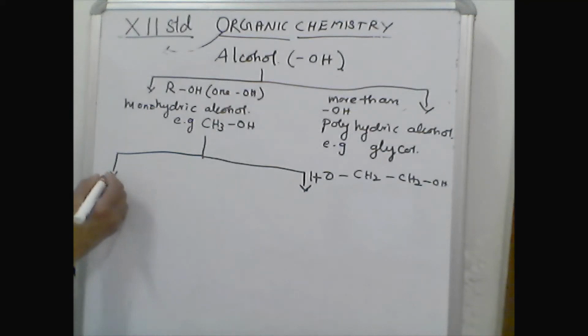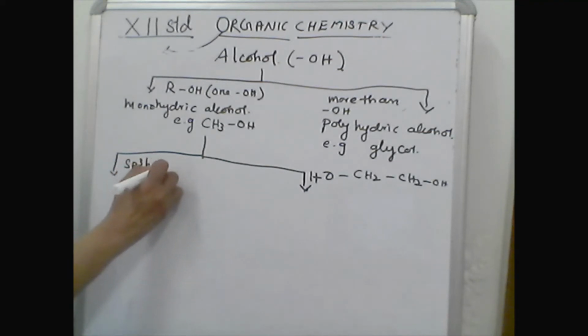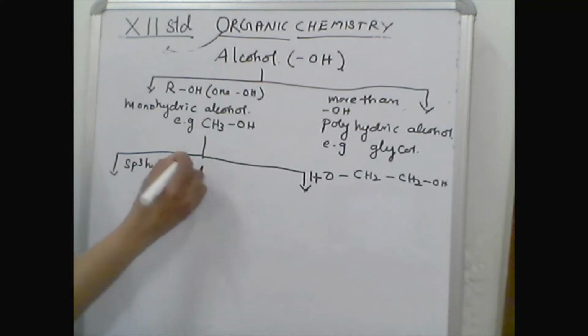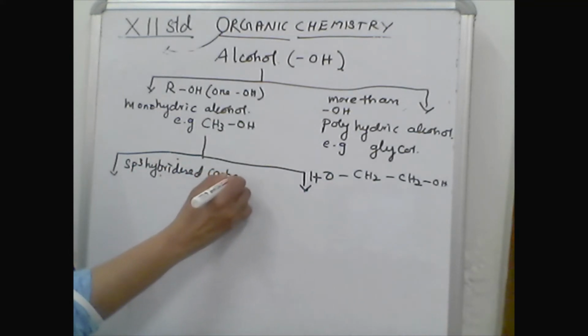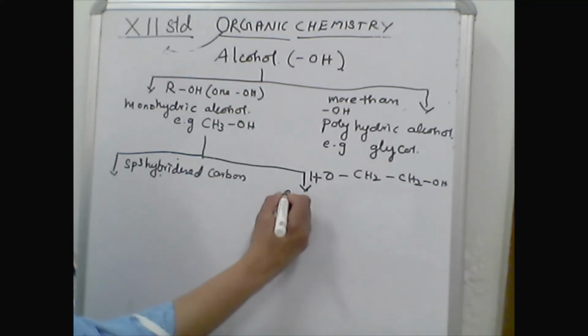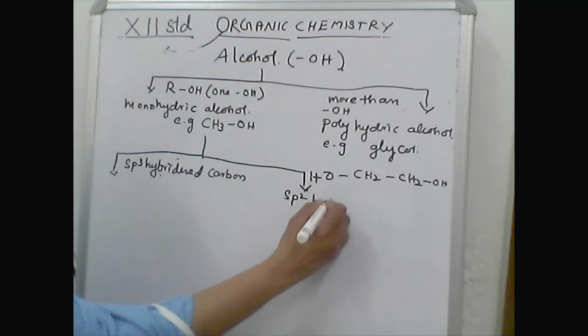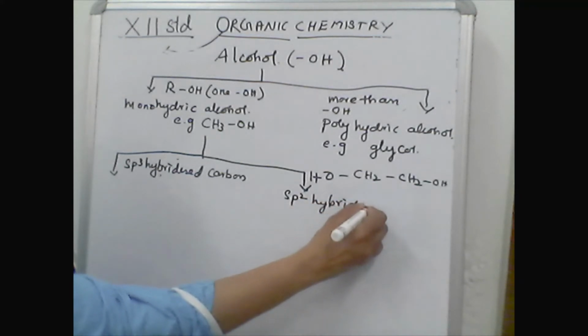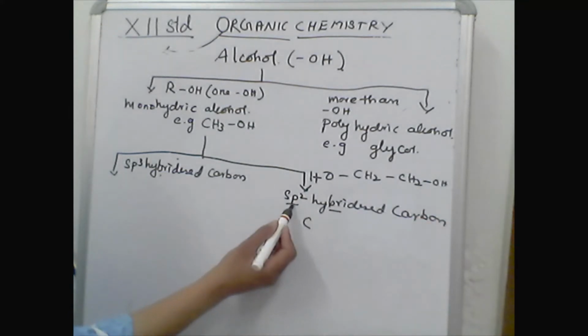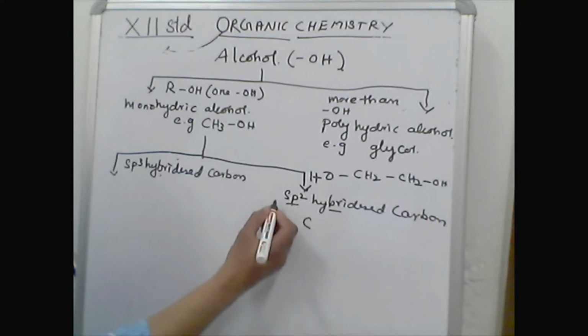The first one comes under sp3 hybridized carbon. Another one is sp2 hybridized carbon. So sp2 means it is a double bond carbon.